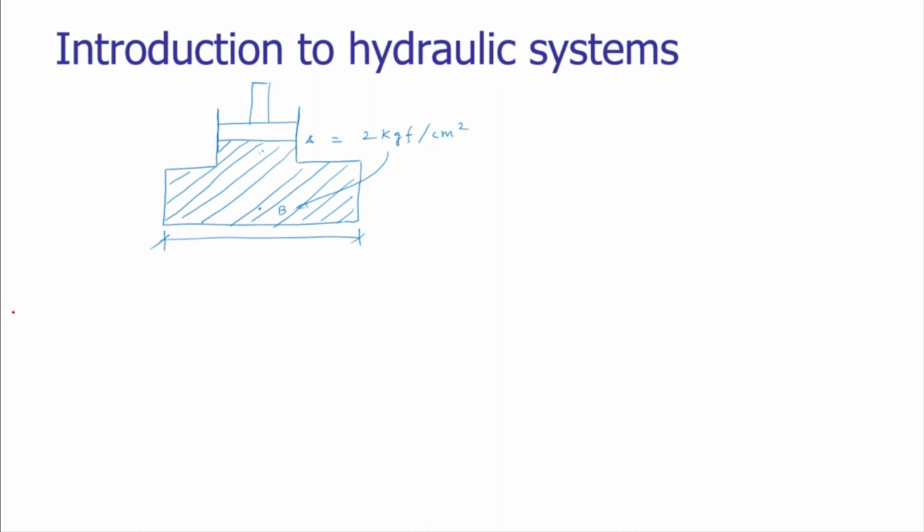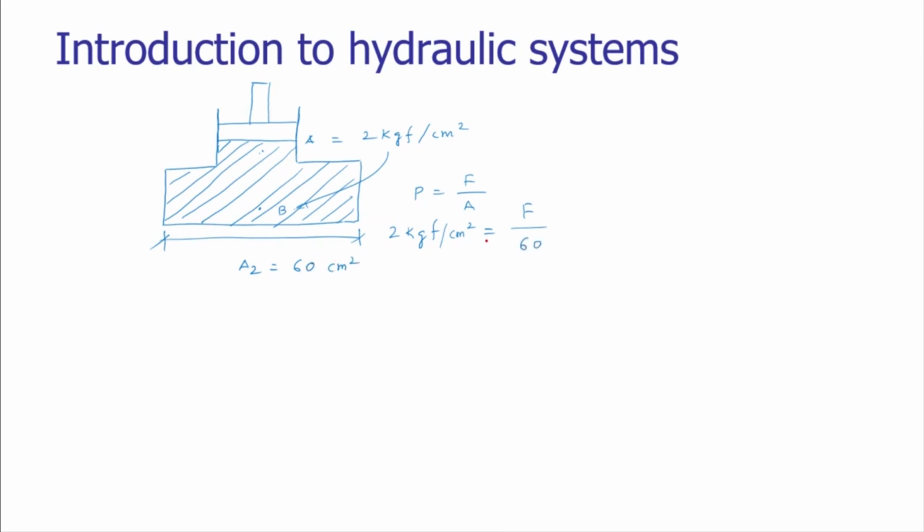If I use the same correlation, P is equal to F divided by A. The pressure is 2 kgf per centimeter square. I need to find out how much is the force which is being generated. So now let us consider the area has been increased to say A2 is around 60 centimeter square.